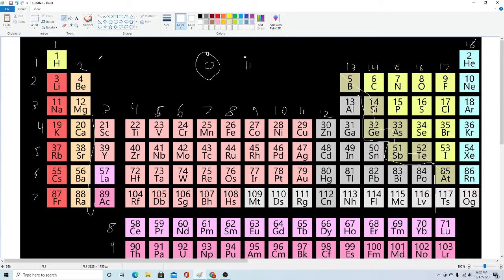So let's say I wanted to draw helium. So helium would have 2 protons and a neutron, because it has to have 2 protons, and the neutron is just there. I'm looking at my notes here, give me a second.